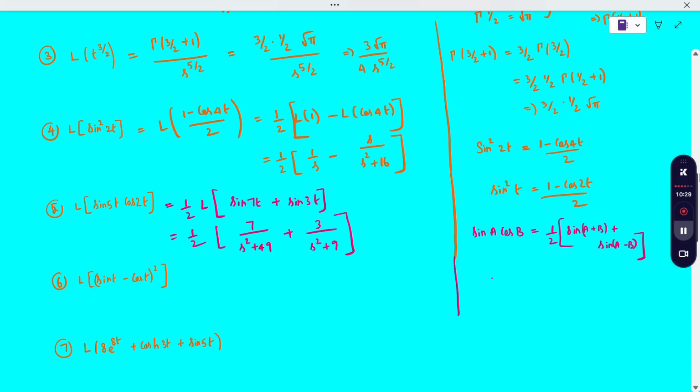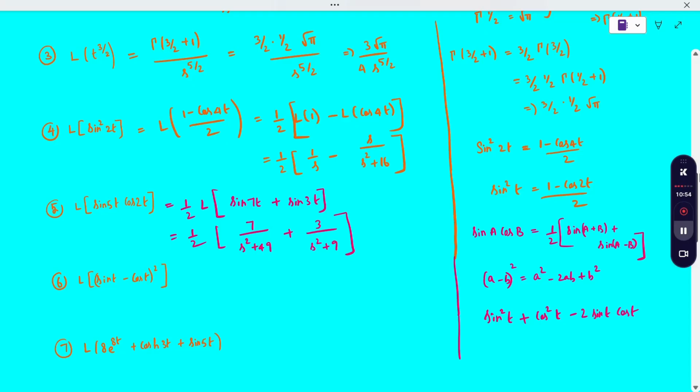In the same way, the next question is a minus b the whole square, like that formula. First expand it. So a minus b the whole square, what is the formula? A squared minus 2ab plus b squared. According to our expansion, it is sine squared t plus cos squared t minus 2 sine t cos t.